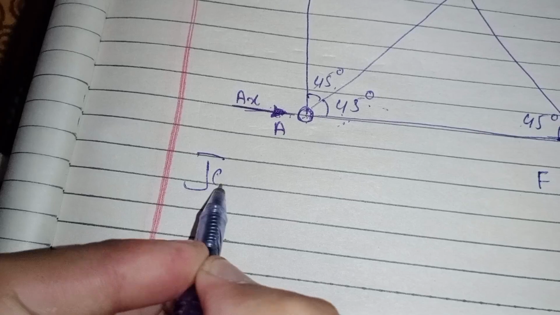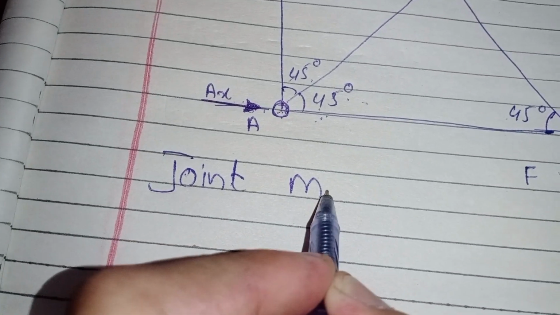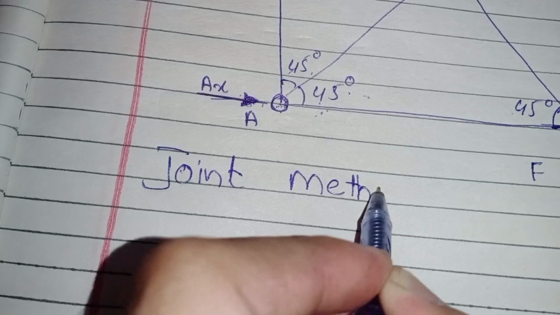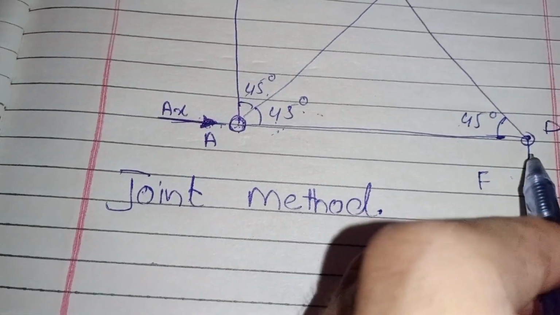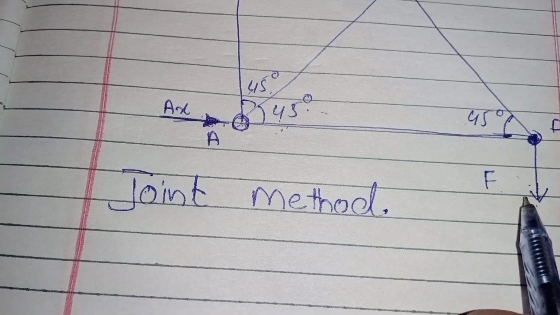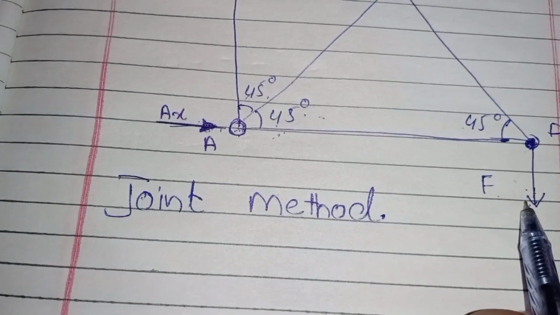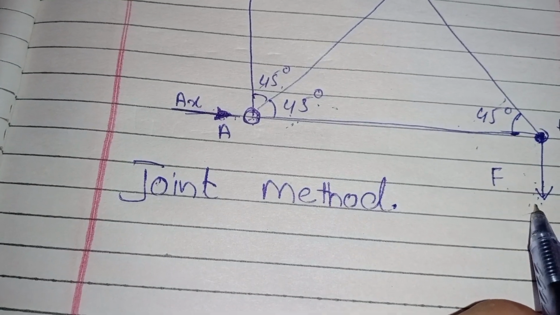Now we will use the joint method to calculate forces of the truss members. So first of all we take joint D, because one force is known and two are unknown. Minimum one force is known.